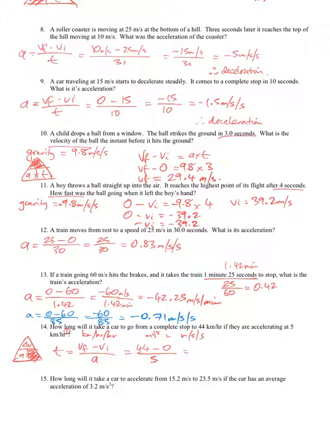So it's going to be 44 divided by 5, which is 8.8. So this car's accelerating extremely slowly. So that's another unrealistic one, but all we can do is use the question information.